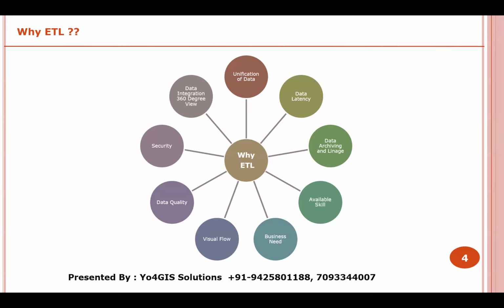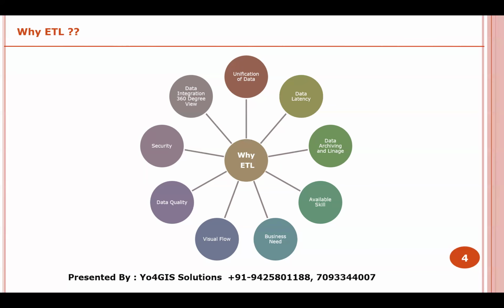But when we use the process of ETL, as we know, ETL stands for extraction, transformation, and loading. These are the three words we have in ETL. E is for extraction of the data.